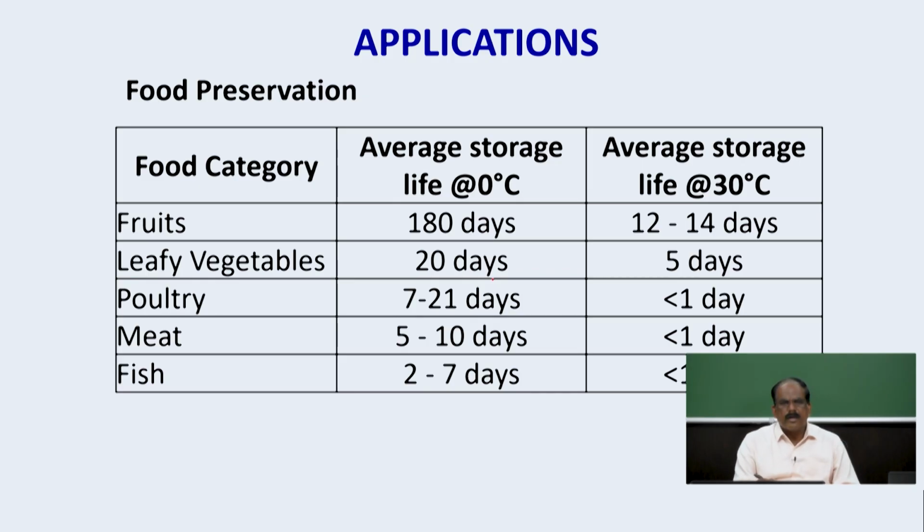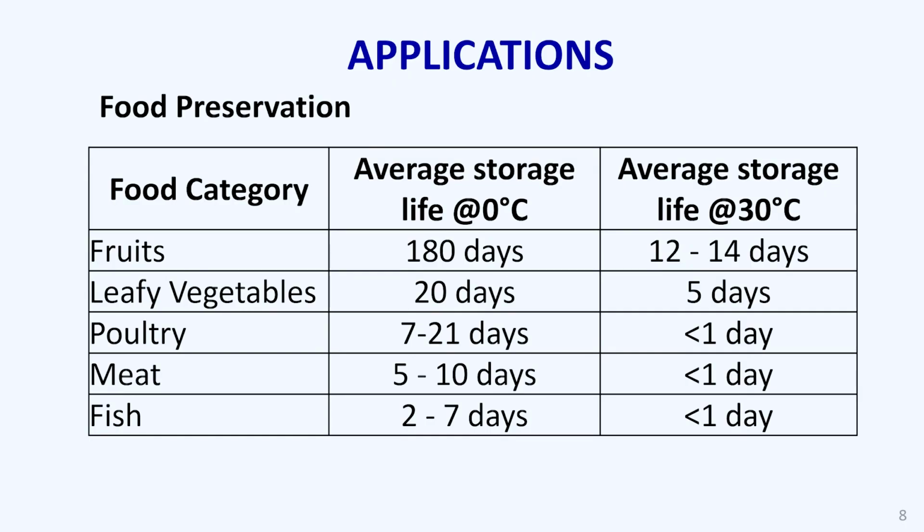Under refrigerated condition at 0 degrees centigrade, we can have it for about a week to 3 weeks. Meat is again 5 to 10 days, which is less than a day if the temperature is 30 degrees. Fish also about a week, 3 to 7 days, which would otherwise be less than a day. We cannot even store it for a day.